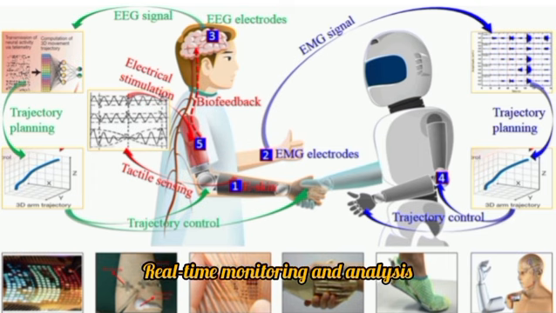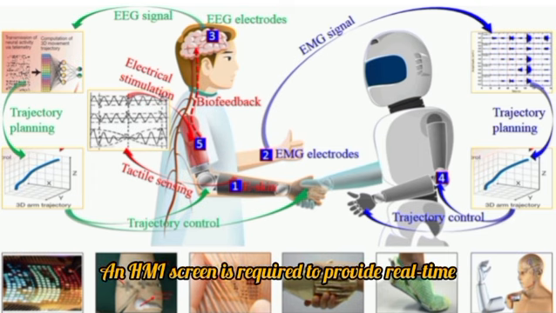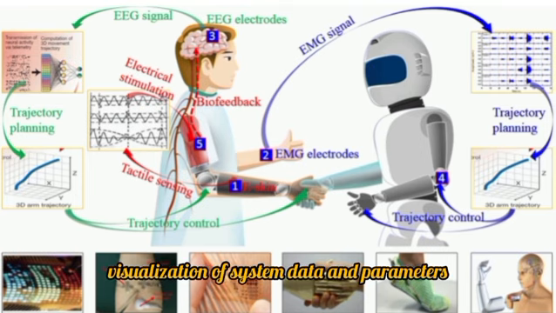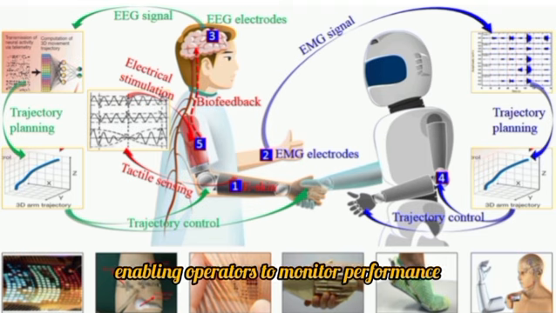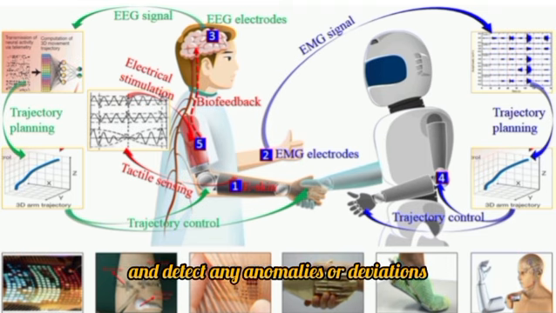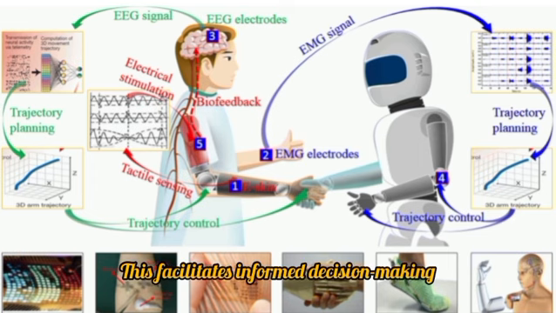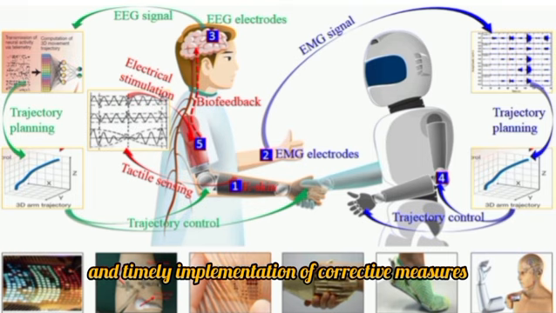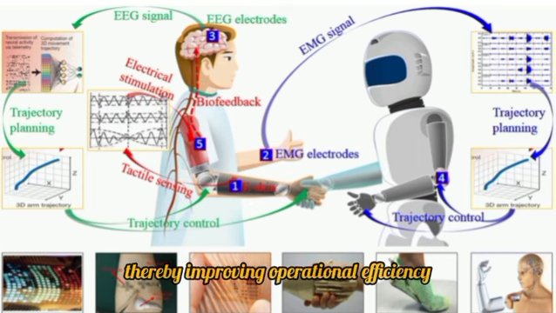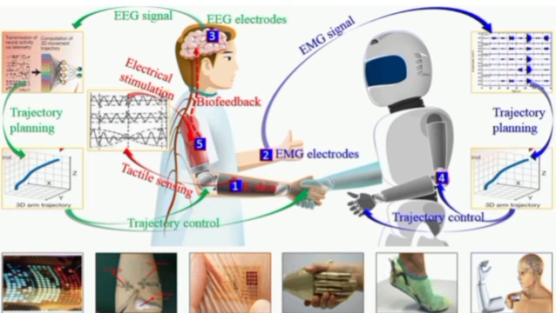Real-time monitoring and analysis. An HMI screen is required to provide real-time visualization of system data and parameters, enabling operators to monitor performance and detect any anomalies or deviations. This facilitates informed decision-making and timely implementation of corrective measures, thereby improving operational efficiency and product quality.